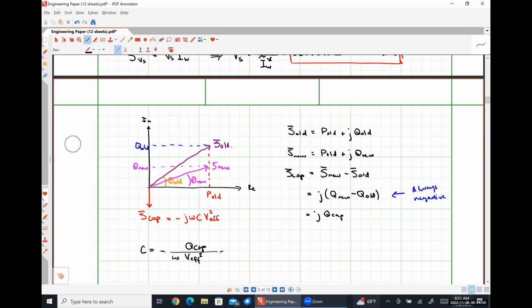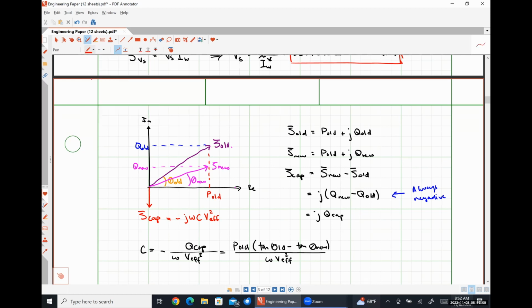So this is one form, and it's a perfectly acceptable form, but it's not the one that I prefer. Another way to express this, and the negative sign is not here, I want to be clear about that, is as follows. So P old times the tangent of theta old minus the tangent of theta new, divided by omega times V effective squared.